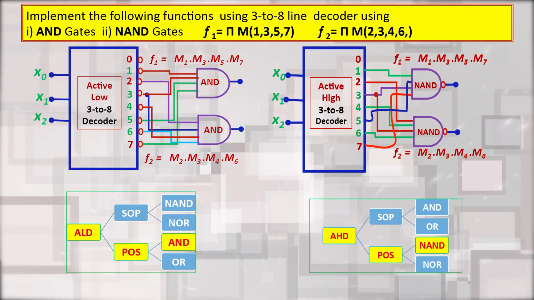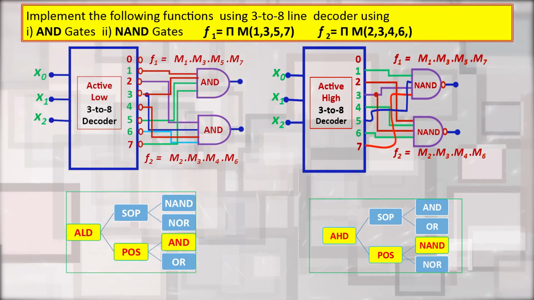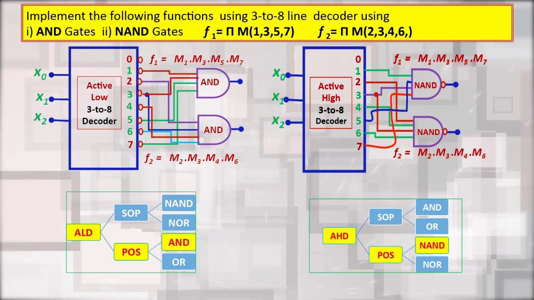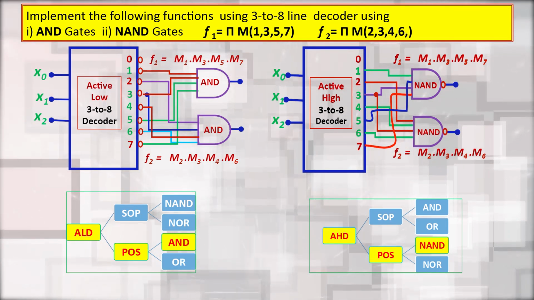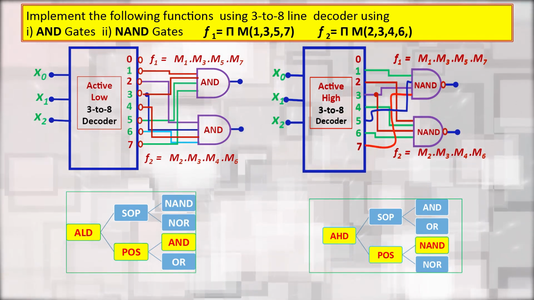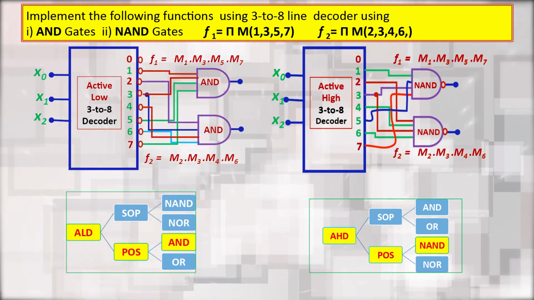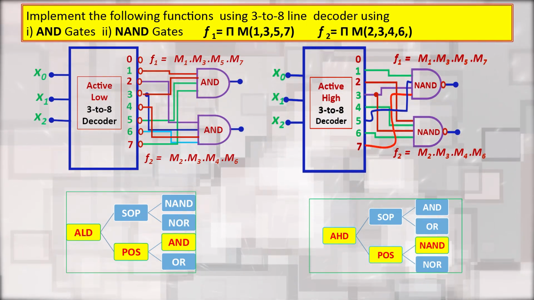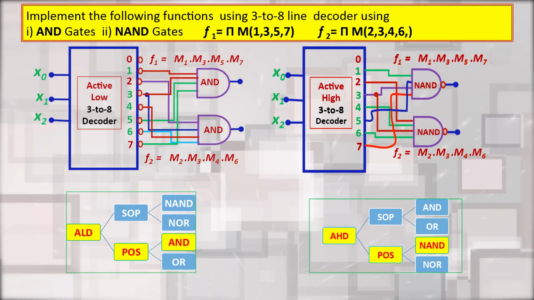Next example says implement the following function using 3 to 8 decoder with minimum number of inputs to the external gates, and the POS equation is given, product of M of 2, 3, 5, 7.